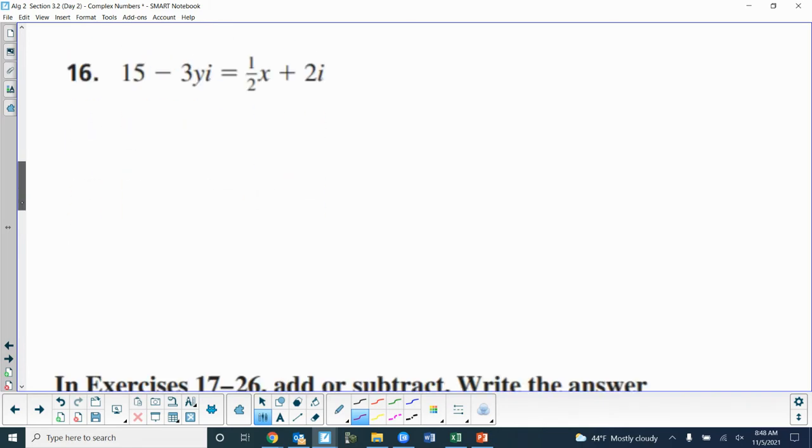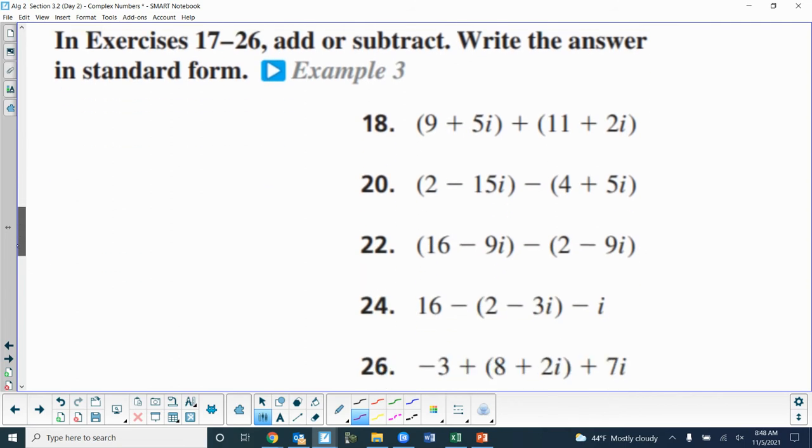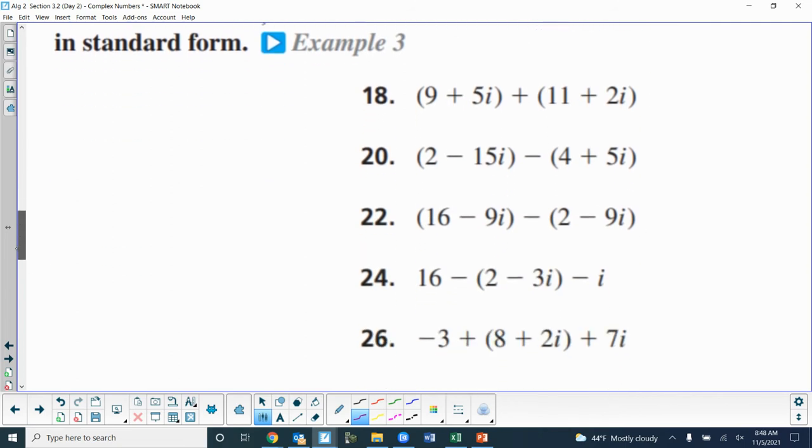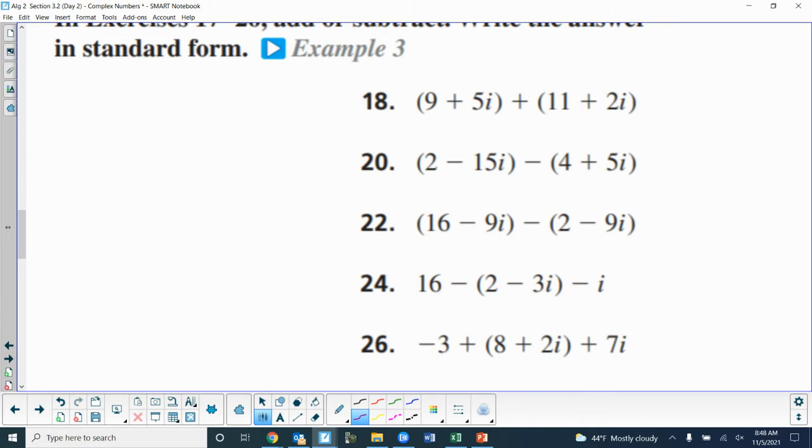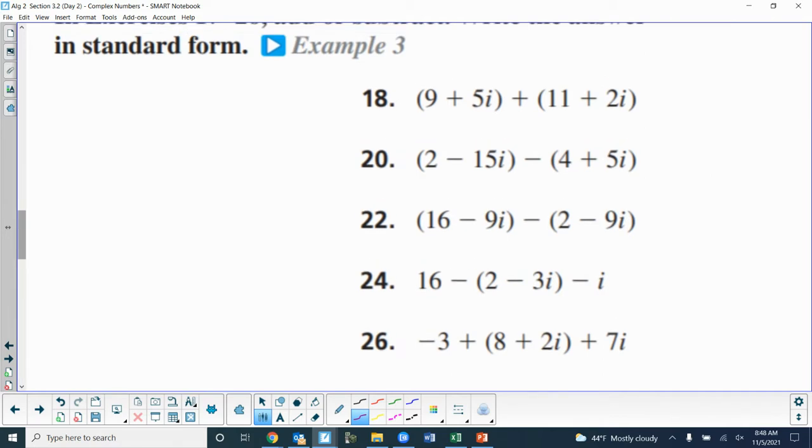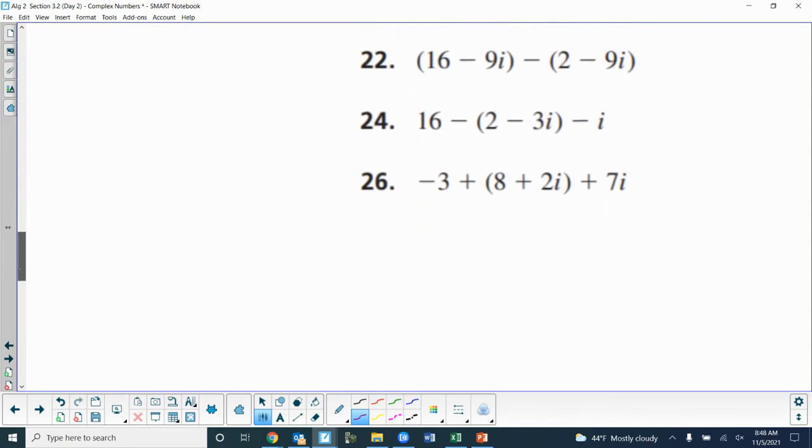All right. How about 18 to 26? Just combining like terms, right? Any issues there? Remember, minus this negative 3i makes it what? Positive 3i, okay? So don't forget about minus and negative stuff.